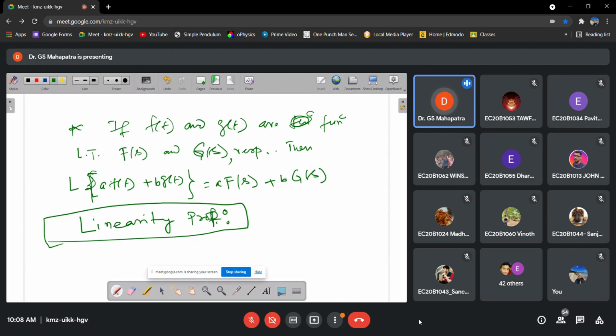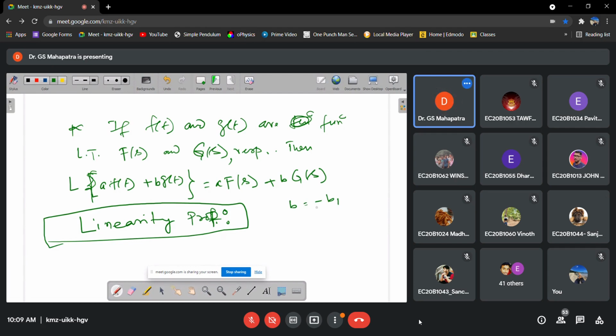Is it true if it is minus? Yes, sir, it will hold. It will hold. Correct. If b equals minus b1, then it is a f of t minus b1 g of t.